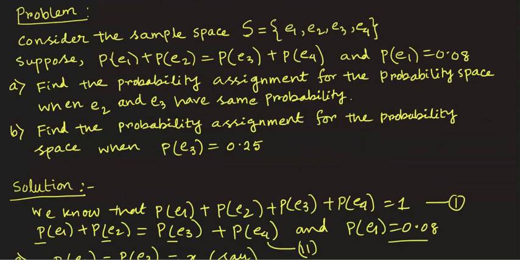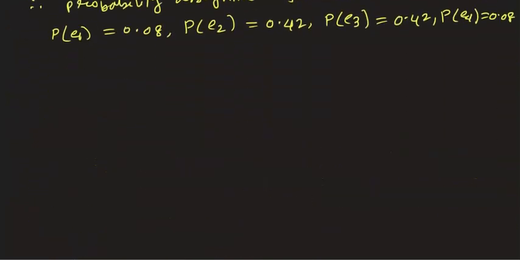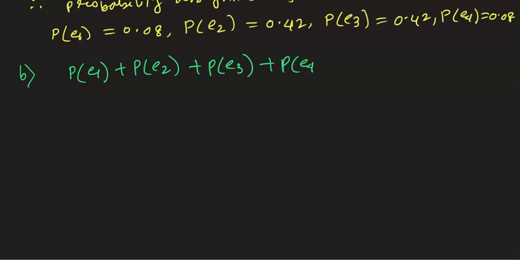In the second question, we are given that probability of E3 is equal to 0.25. So, we know that probability of E1 plus probability of E2 plus probability of E3 plus probability of E4 is equal to 1.